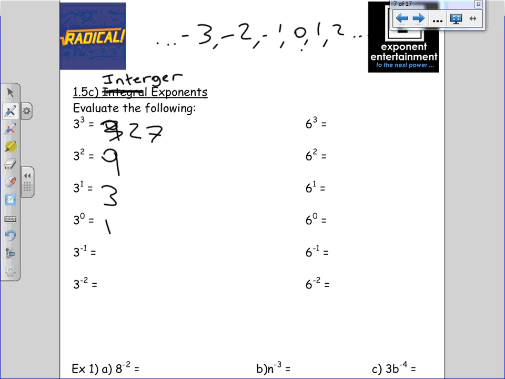1 over 3 is the same as 0.3333. So Matthew's figured it out for us. What is 3 to the power negative 1 when you put it in your calculator? What's the repeated number?